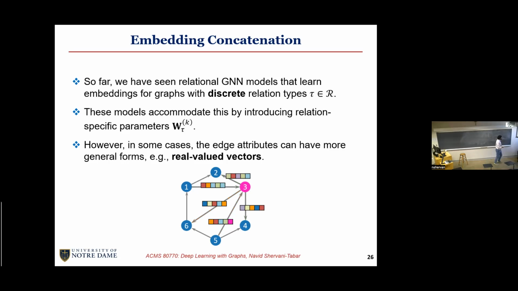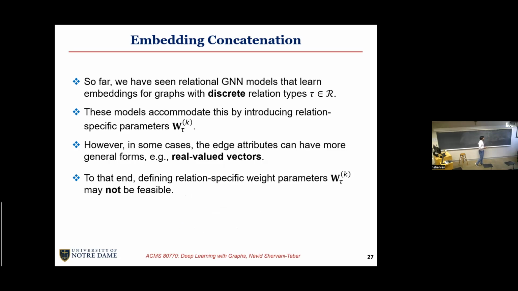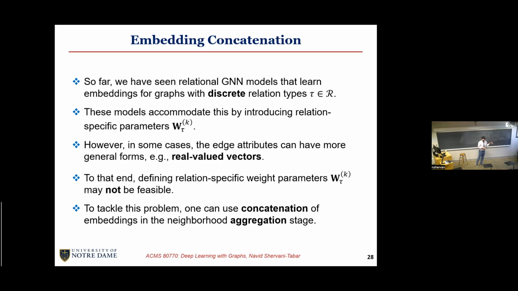Now I have these vectors defined on these edges, and I want to handle this graph using some multi-relational GNN. The way to do that is not by defining weights specific to each relation, but by concatenating these embeddings with the embedding of the node.